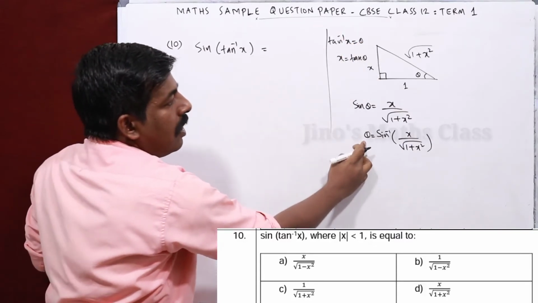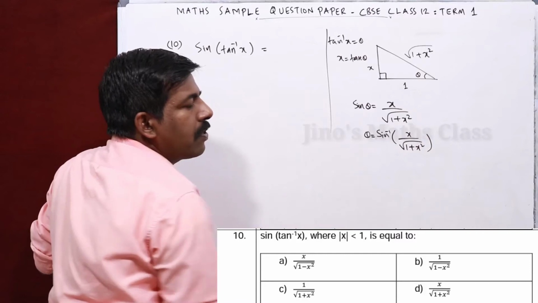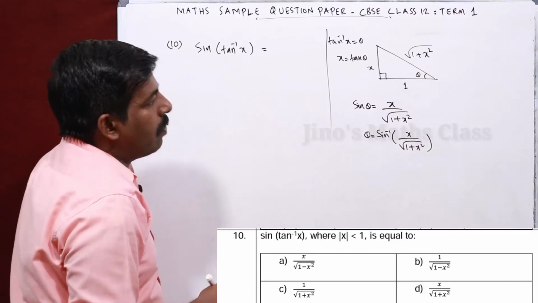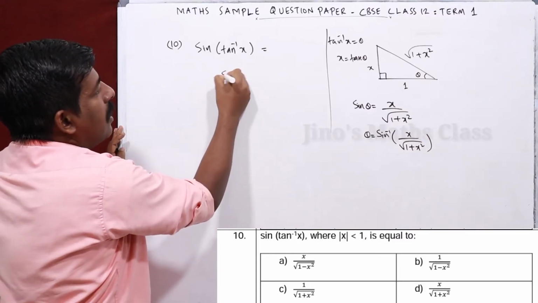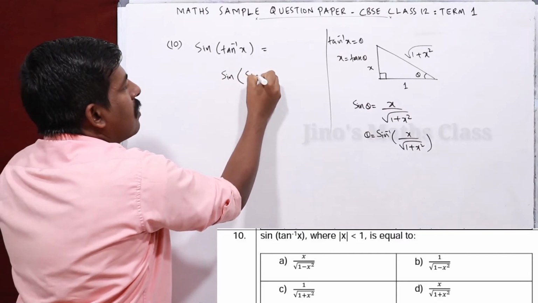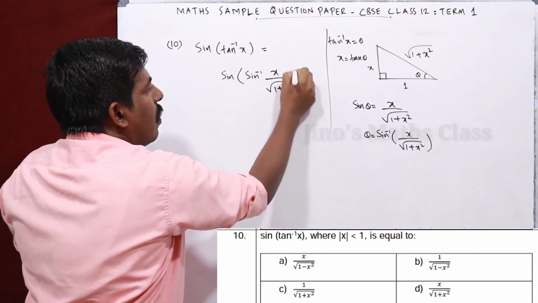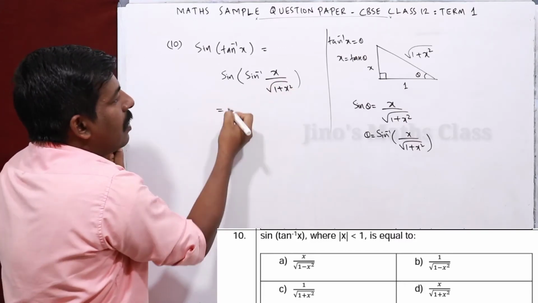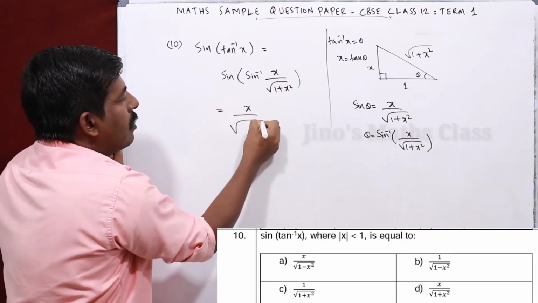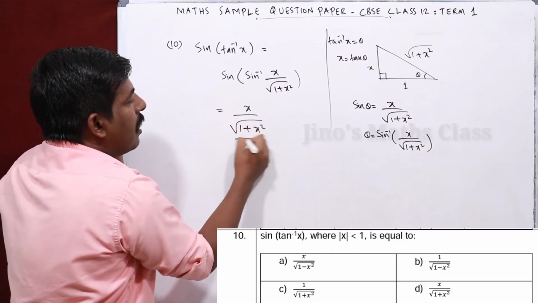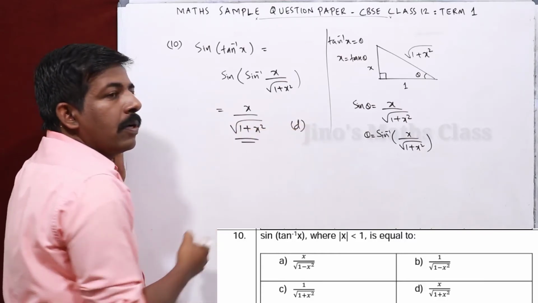So instead of that theta, now we have sine inverse of x divided by root of 1 plus x square. So we can write that is equal to sine of sine inverse of x divided by square root of 1 plus x square. Sine of sine inverse gets cancelled, so we will get x divided by square root of 1 plus x square as the answer. So option D is the correct one.